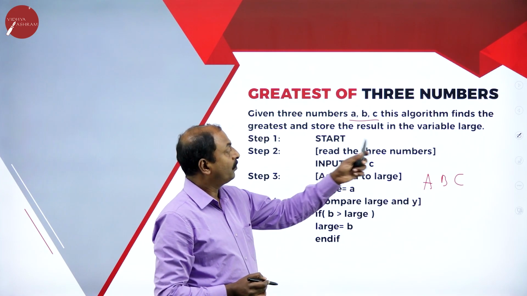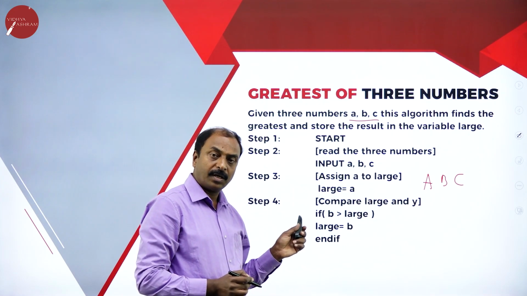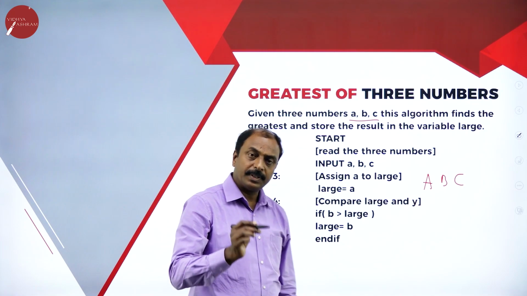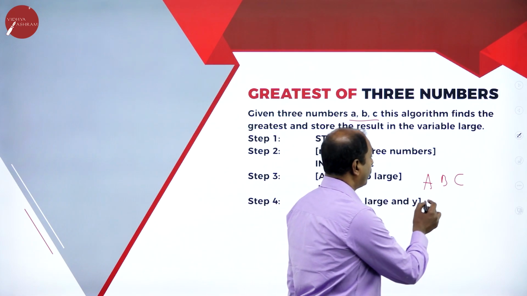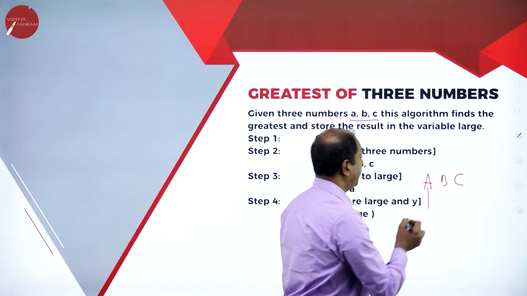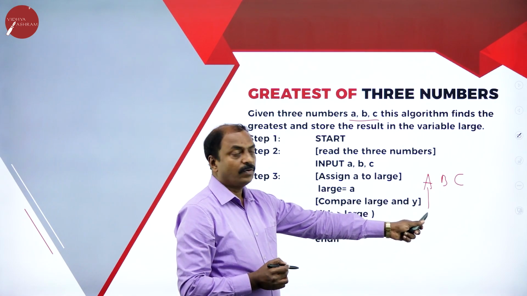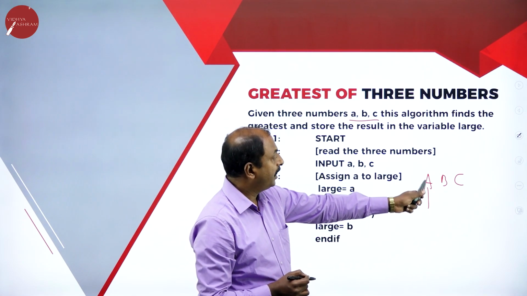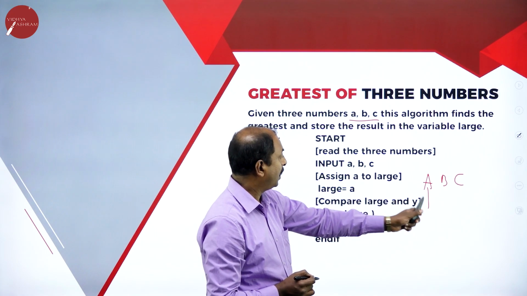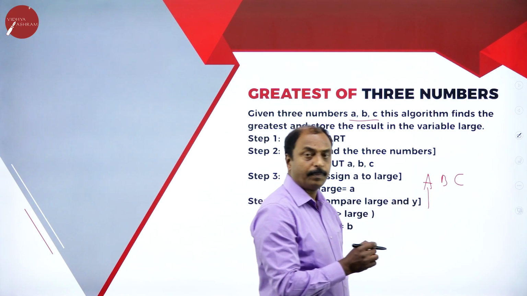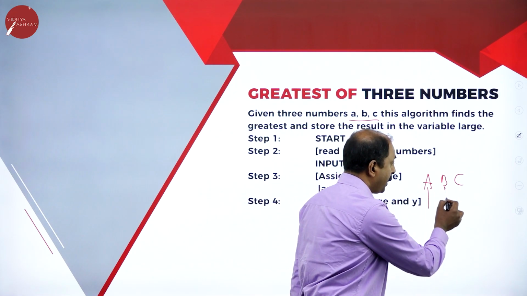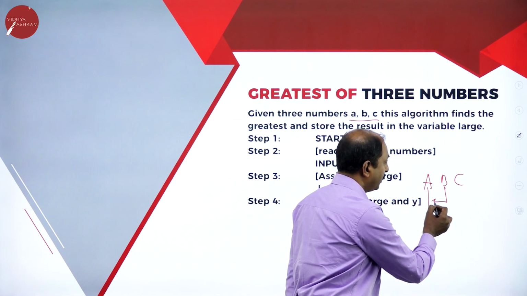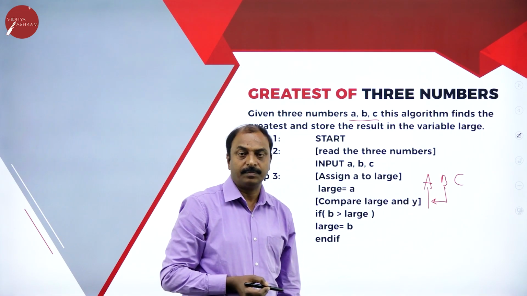So let me explain the logic we have written here in the algorithm. First of all, we have to assume that first number be large. Then we are comparing B, the second number, with A, the first number.